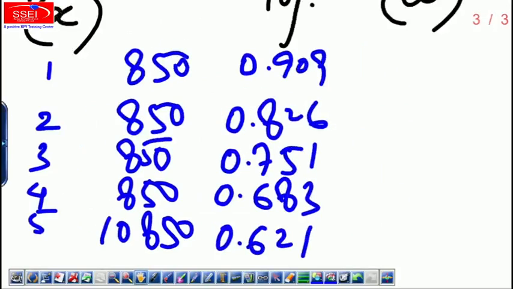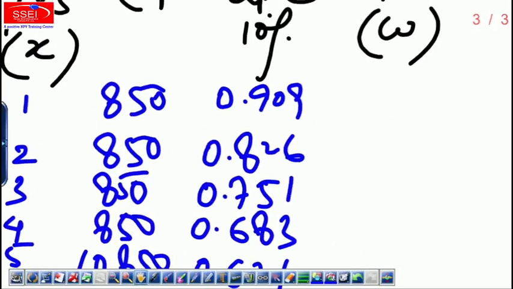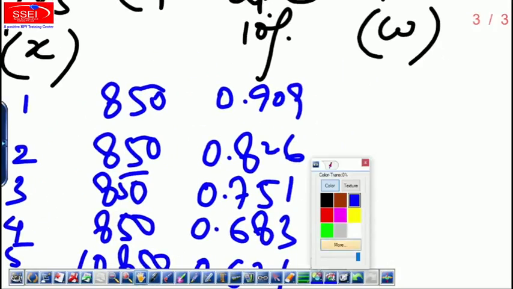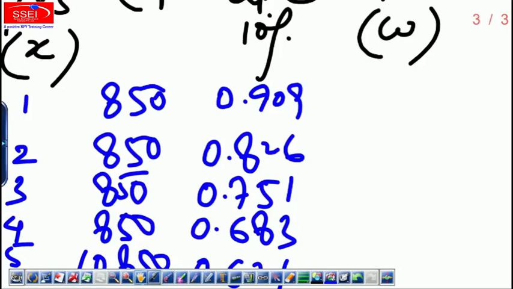So now we multiply 0.909 into 850. 0.909 into 850 is coming to 772.65. I know you are doing faster. I do slow.